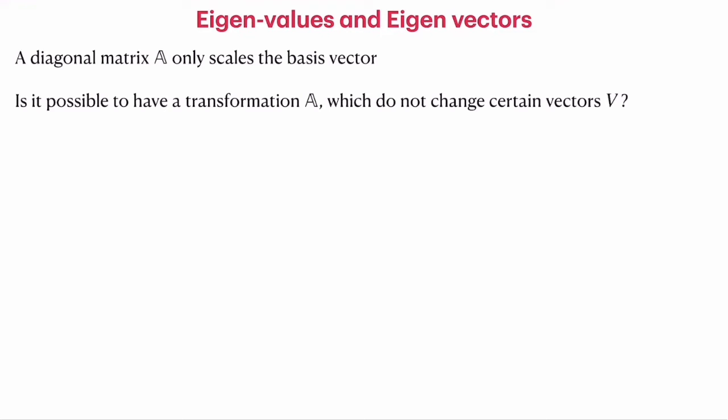But before getting into that, we have to try to see and understand what eigenvalues and eigenvectors represent. Now, when you are given a linear transformation on a vector, is it possible to have a vector which does not change under that transformation?